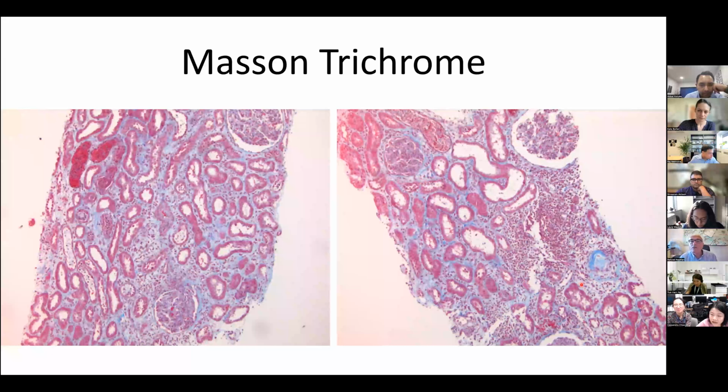However, despite this globally sclerosed glomerulus, we're not seeing a lot of tubular atrophy to confirm that there is significant chronic injury. There is some chronic injury, but it wasn't a lot. So you're right in terms of that. We do not expect to see that much chronic injury for an acute condition, unless it has been going on for some time.